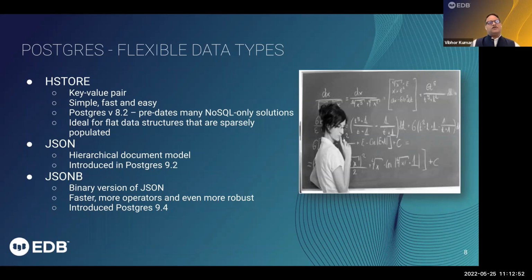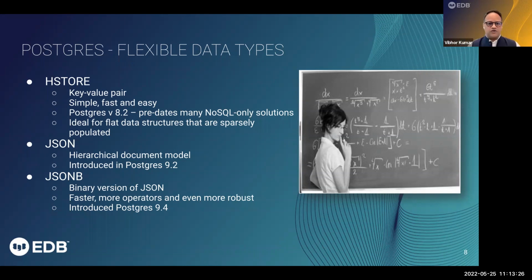Then later on, we added a new data type called JSON, which is a hierarchical document model. In this, you can include a key value pair, plus you can also use an object store. You can create nested data structures and store them in JSON. And then there is another variant of JSON called JSONB, which is mainly a binary version of JSON, right? It is way faster than JSON because when you store JSON data into JSONB, it decomposes the whole JSON structure and stores it in binary format on disk.